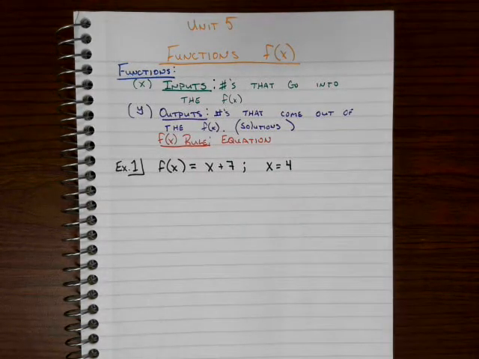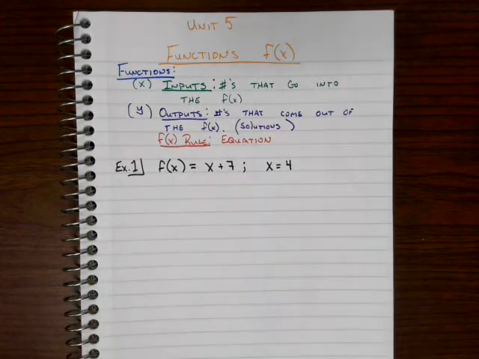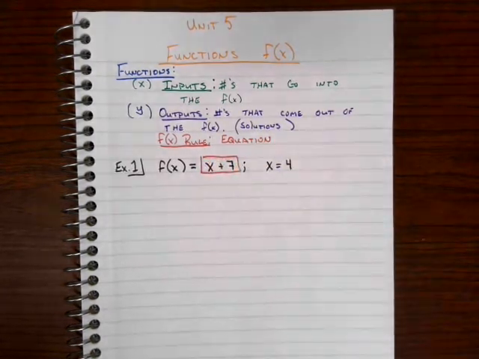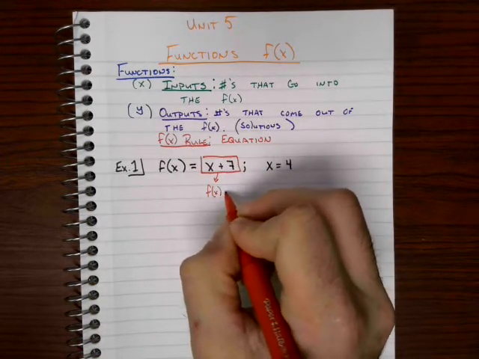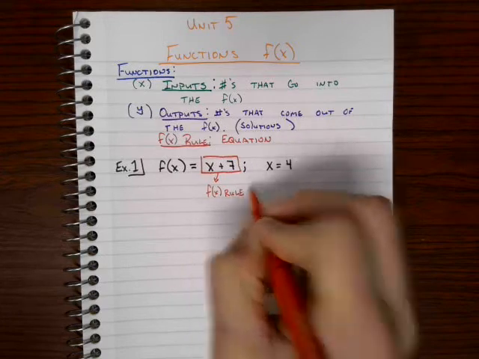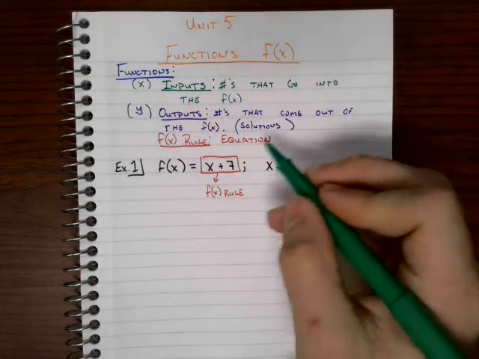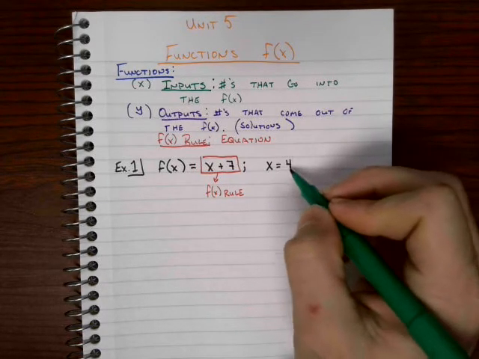Now, here's what that means. Your f of x, that's your function. We're going to identify the parts of this function. This part right here, that's my function rule. This right here is telling me what x equals. So x equals 4.